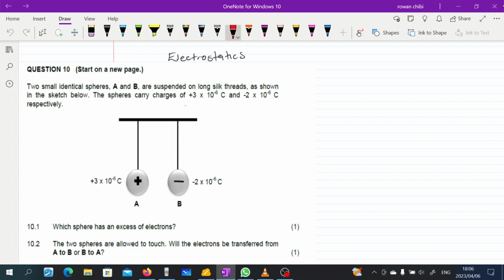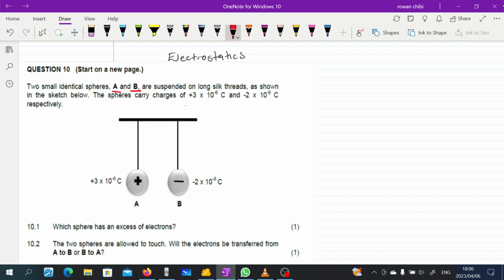This is a November question, question 10. The statement says, 2 small identical spheres, A and B, are suspended on a long silk thread as shown in the sketch below.